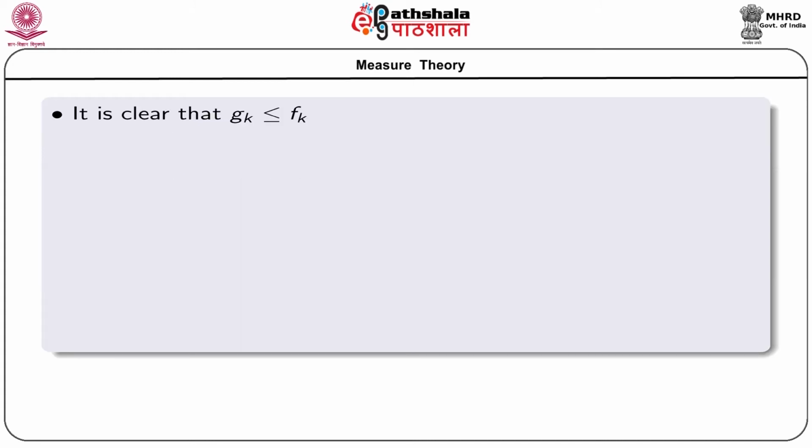Now, it is clear that g_k is less than or equal to f_k for all k. So, the integral of g_k is less than or equal to the integral of f_k.